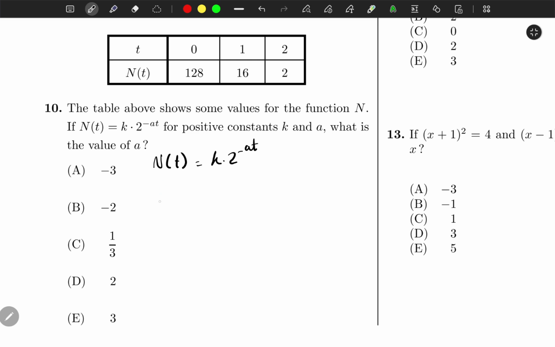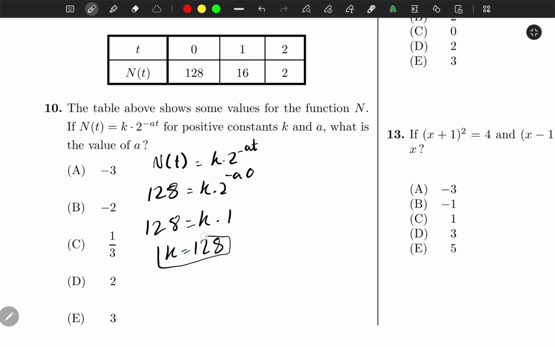We'll substitute n of t as 128, and our k is going to stay as it is, and 2 is going to be raised to minus a times 0. Now since it's minus a times 0, a is going to cancel out, and because anything raised to 0 is 1, we're going to be left with k times 1 is equal to 128. And so the value we're going to get for k is 128, right? This is what we know so far.